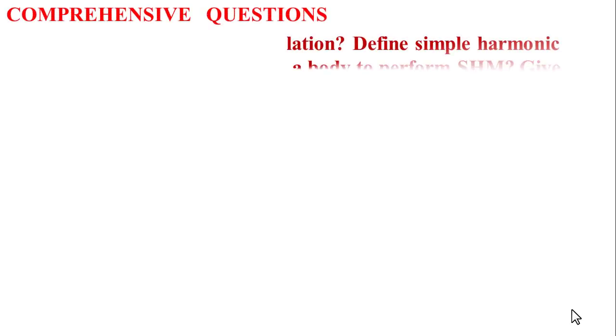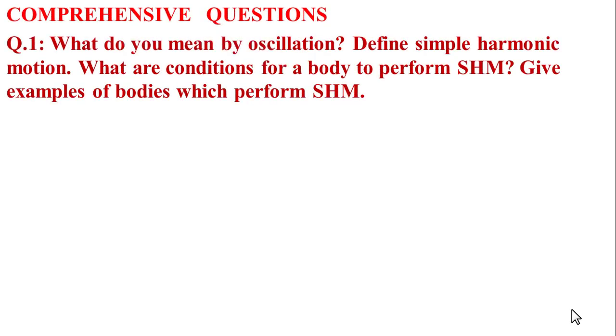In question number 1 of the comprehensive questions: what do you mean by oscillation? Define simple harmonic motion and what are the conditions for a body to perform simple harmonic motion. Give examples of bodies which perform simple harmonic motion.